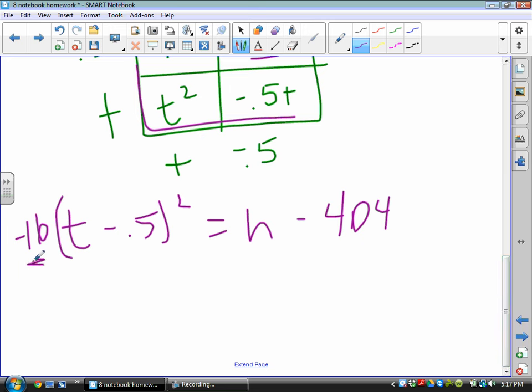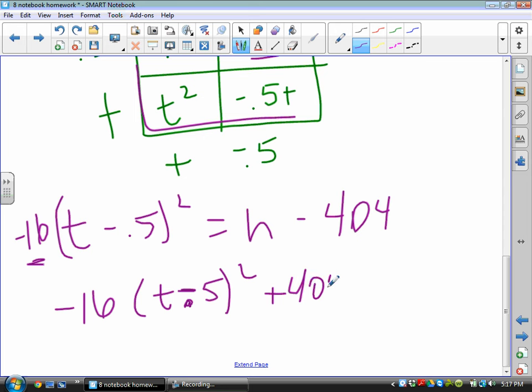So last but not least, I'm going to just add that 404 over. I kind of did that backwards. Whoops. Undo that part. Okay, this stuff, make my decimal point. Alright, squared, and I'm going to add 404. That equals h, or it would equal y.